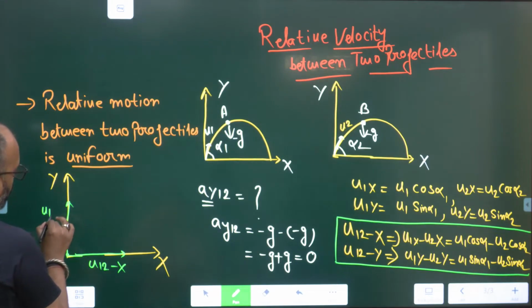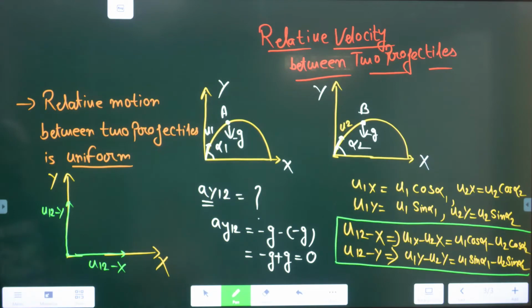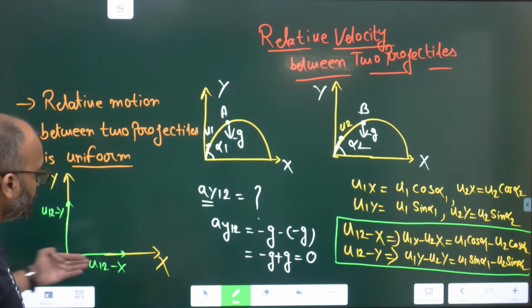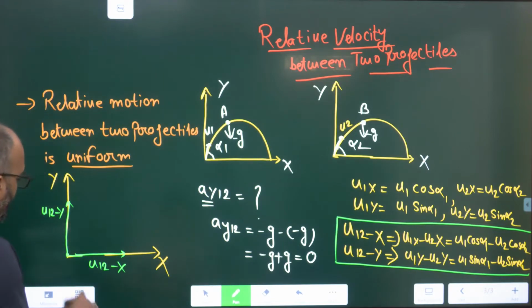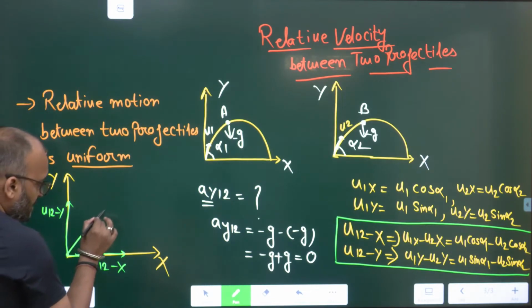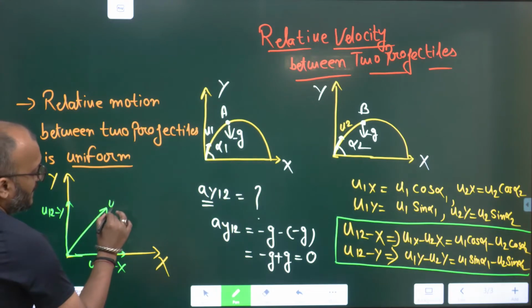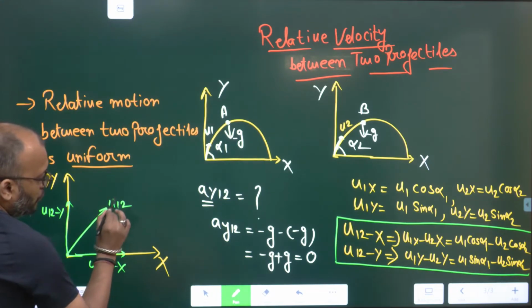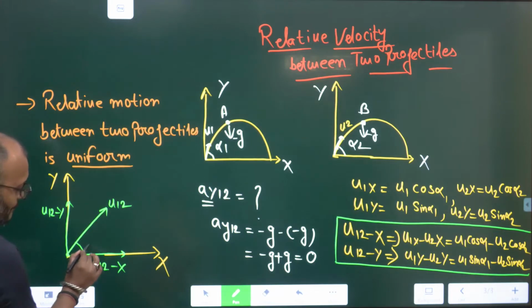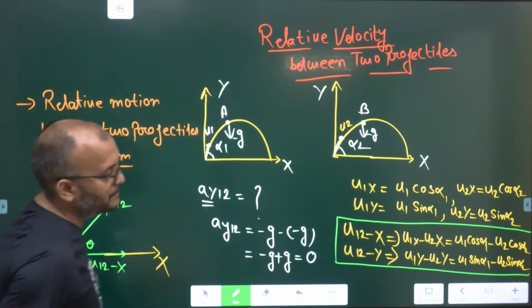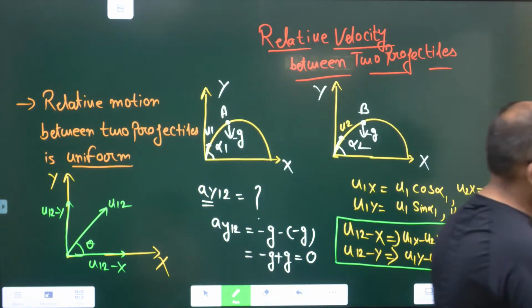This is u12y. Relative velocity along x-axis, relative velocity along y-axis, and this will be the net relative velocity of 1 with respect to 2 in a projectile. Yes or no? And let's say this is inclined at some angle theta.